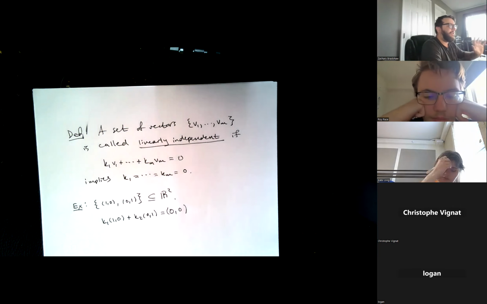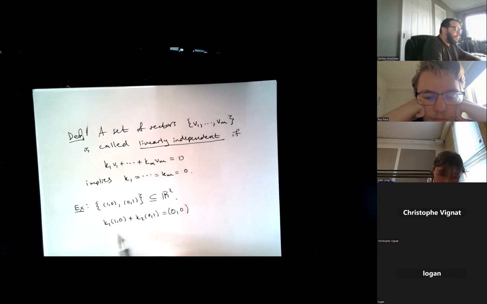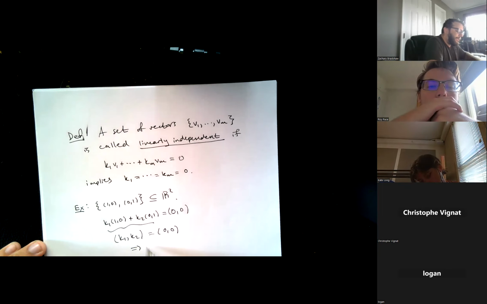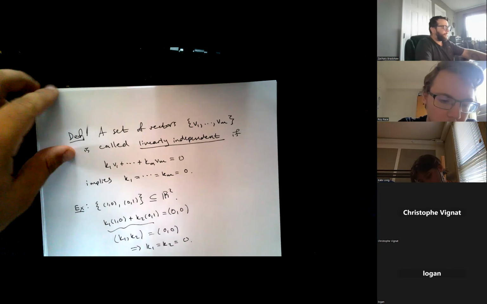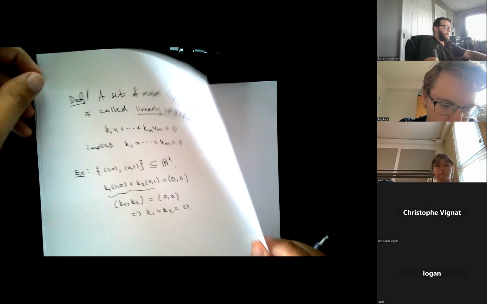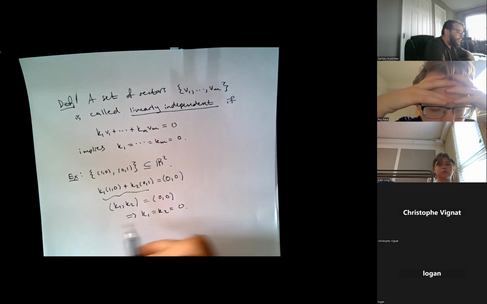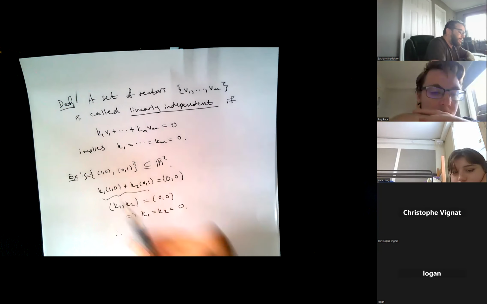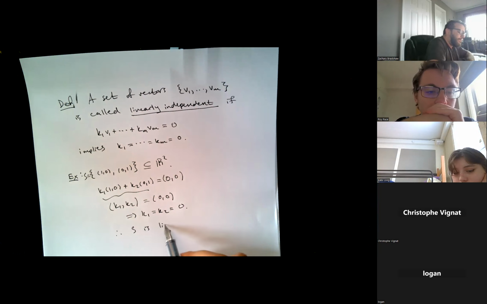This is the additive identity in R2. So we add up this side, we get (k1, k2) equal to (0, 0). And sure enough, this implies that k1 is equal to k2 is equal to 0. Okay, so therefore, this set, let's call it S, S is linearly independent.